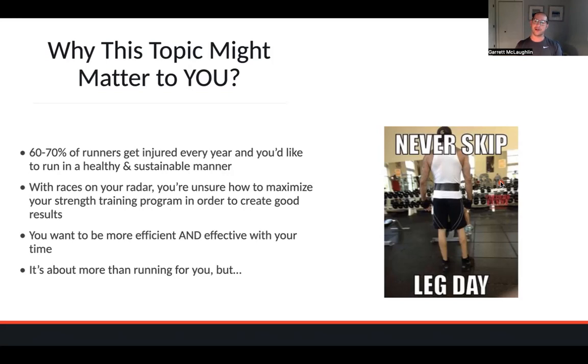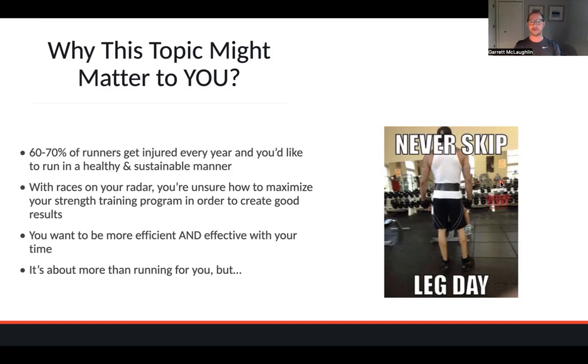But for those of you thinking beyond running, and that tends to be the lens that I look at this from, yes, I want people to be better runners, right? That's one of the primary goals. However, moving forward, I want them to be stronger, have better balance, reduce the risk of falls later in life, and have good, healthy mental health and wellness and all these other things.